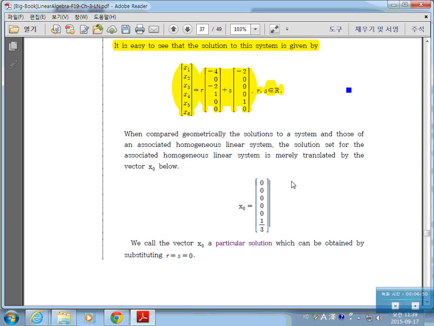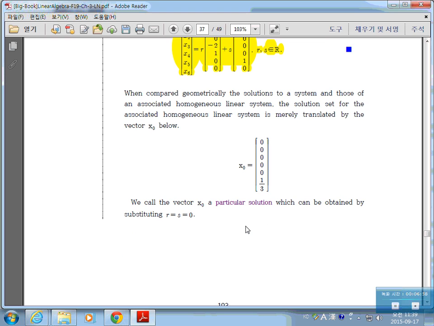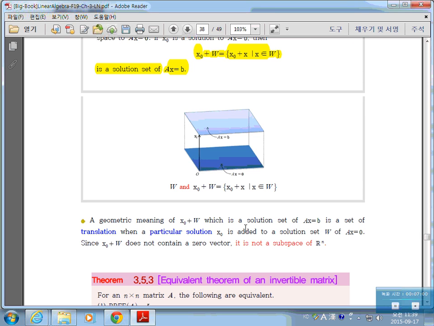So this is the solution set for the homogeneous system. This is the particular solution for the non-homogeneous system. Here I'm going to explain the relationship between those two, the particular solution and the solution set for the homogeneous system, to the solution set for the non-homogeneous system. Here, you see W. This W is a set of vectors that satisfies AX equals 0.